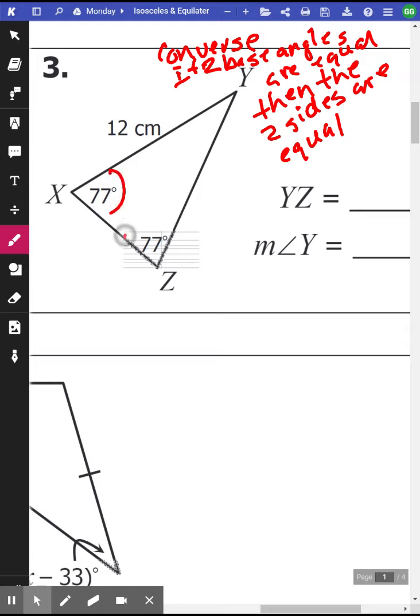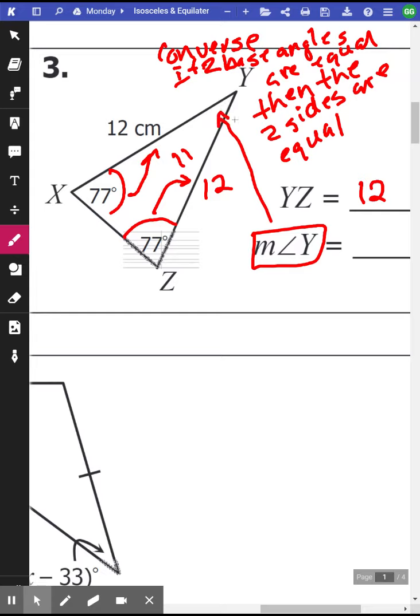Here's base angle 1, here's base angle 2. That means this one and this one are both equal. This side is 12. That means y to z is 12. How do I find the vertex? 180 minus the two base angles. 26 degrees.